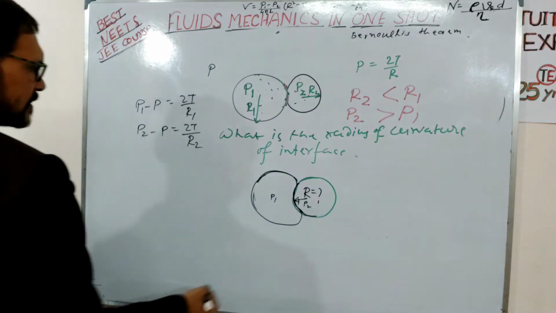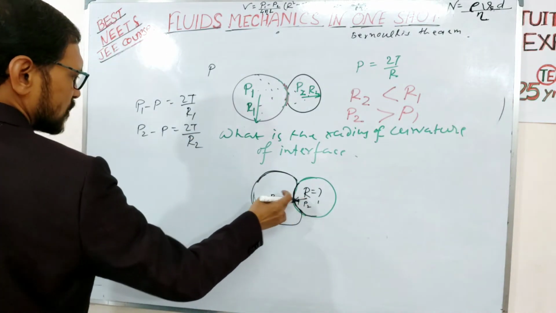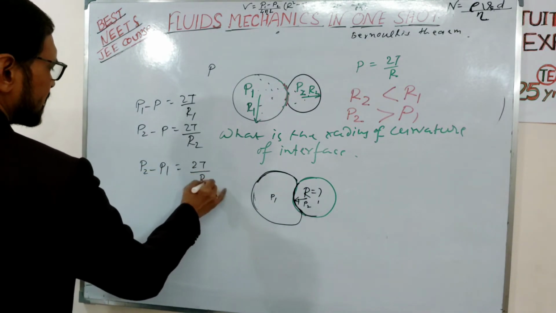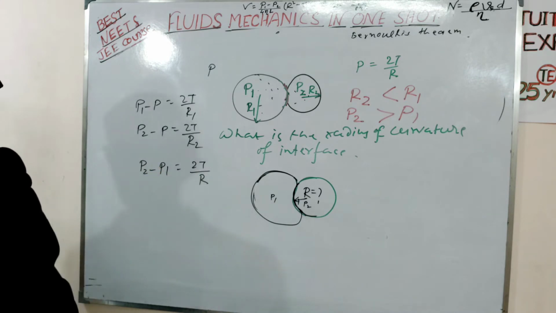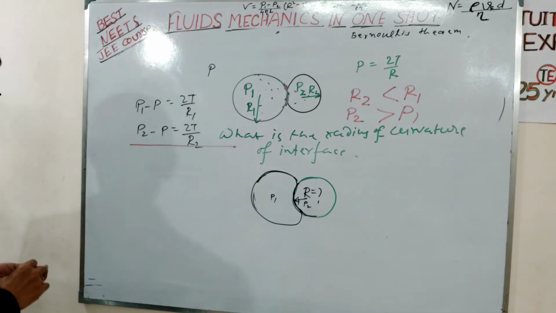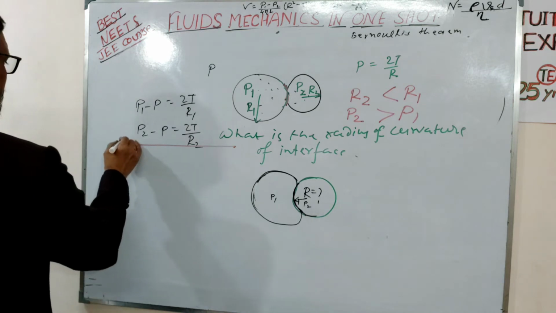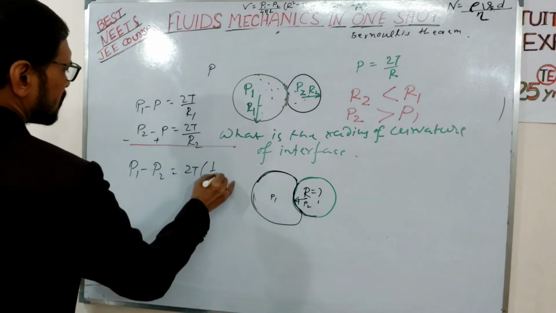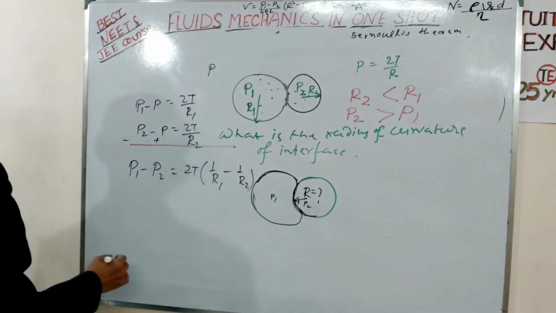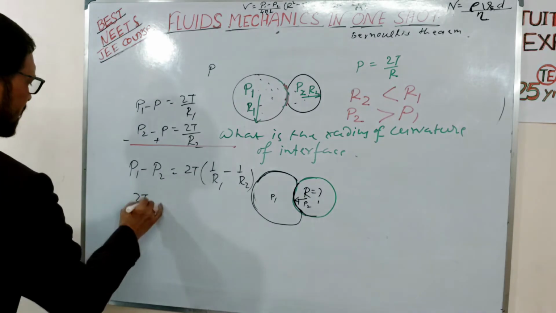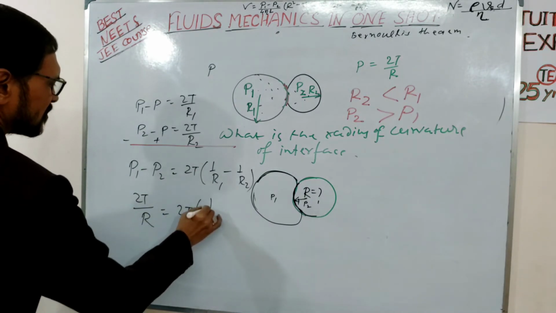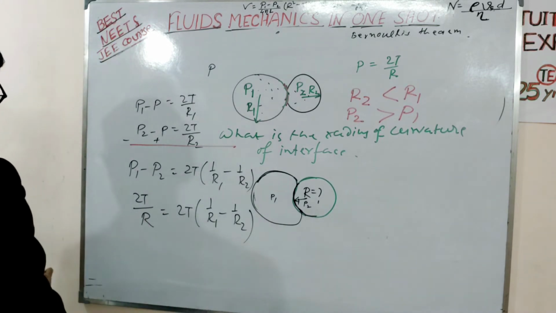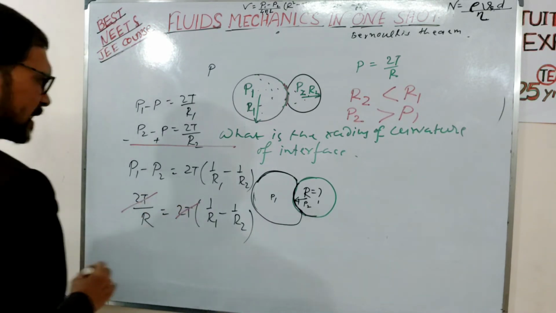Now P2 minus P1 equals 2T by R. If we subtract, we get P1 minus P2 equals 2T into (1 by R1 minus 1 by R2). So P1 minus P2 equals 2T by R. Now 2T cancels, so 1 by R equals this.